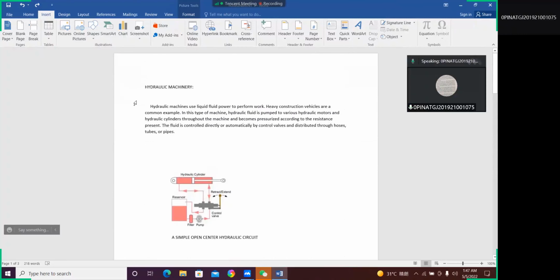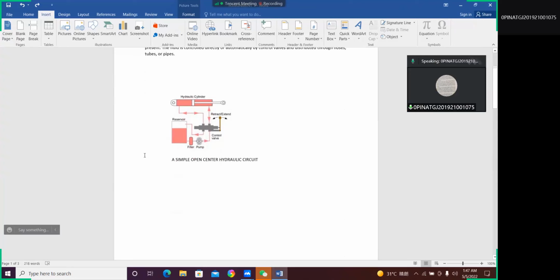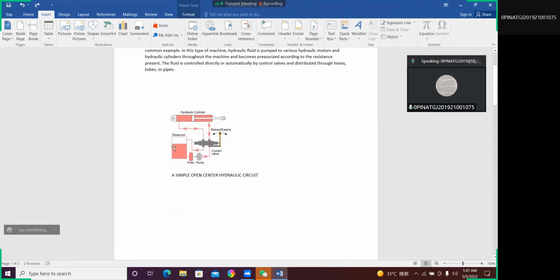Hydraulic machinery uses liquid fluid power to perform work. This is the simple open center hydraulic circuit.